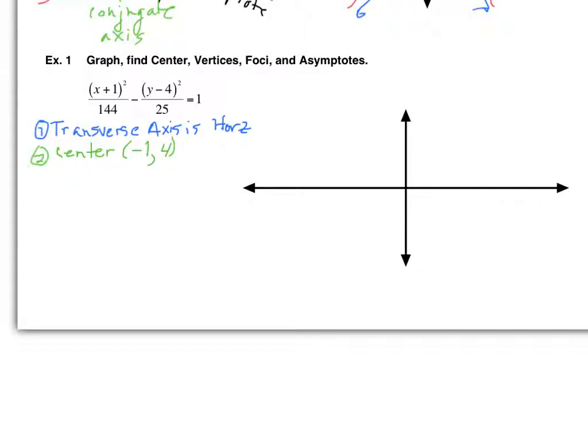So we're going to sketch out. And bear in mind that your A is going to be 12, and it's underneath the x, so we're going to have to go right, left 12. And your B is 5, so you're going to have to go up, down 5. So make sure that you make this axis from -1, 4 to be able to go out to 12. So the left side you're going to want to go out to 14, and the right side you're going to want to go out to at least 12 or 13.